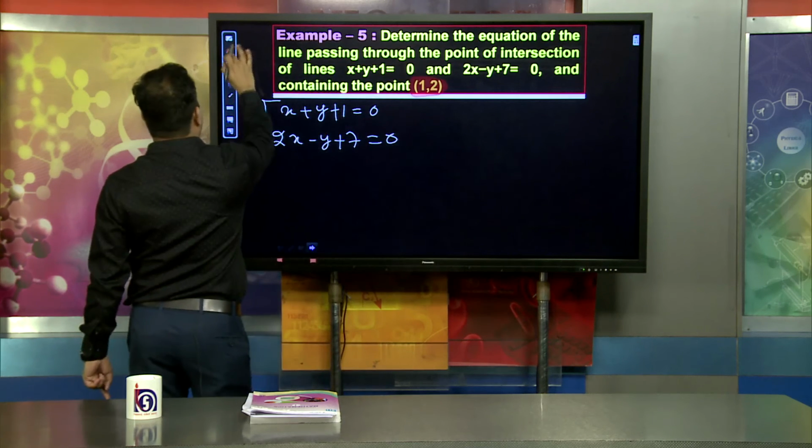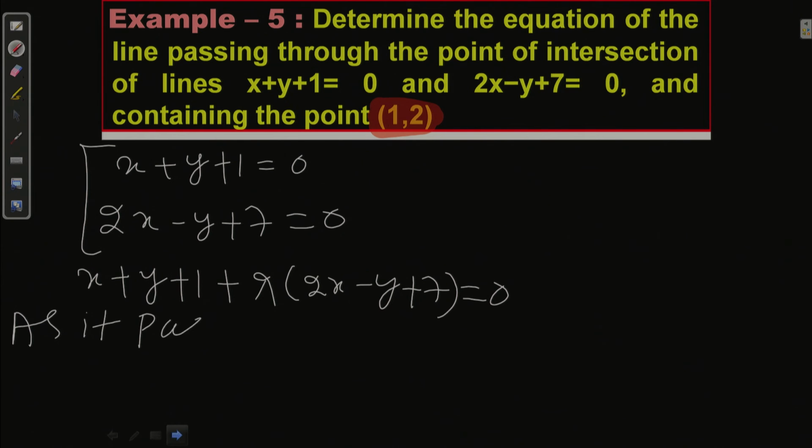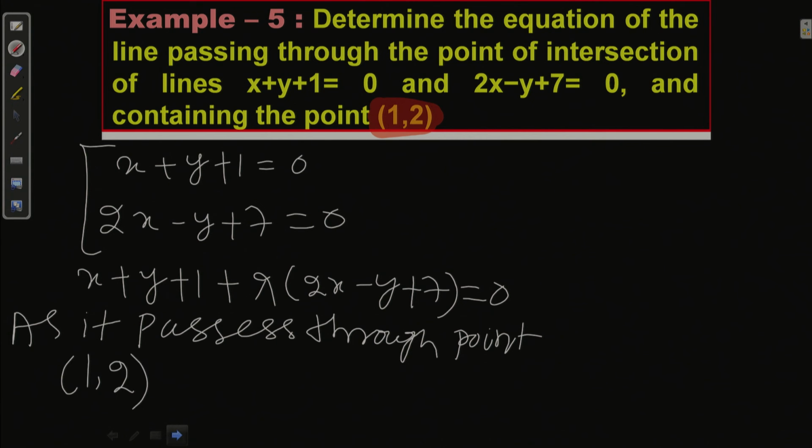So I can simply write x plus y plus 1 plus lambda into 2x minus y plus 7 equal to 0. And as this equation passes through the point (1, 2), I have to put x equal to 1, y equal to 2.